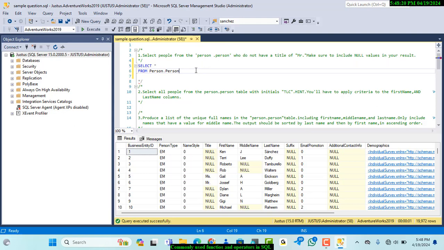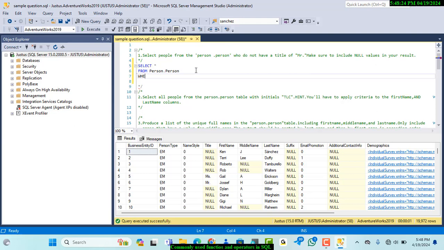So I'm going to use the WHERE clause after FROM. So this is now how the WHERE clause comes into play. As we all know, the WHERE clause in SQL is used to filter the data retrieved from a database table based on a specified condition.